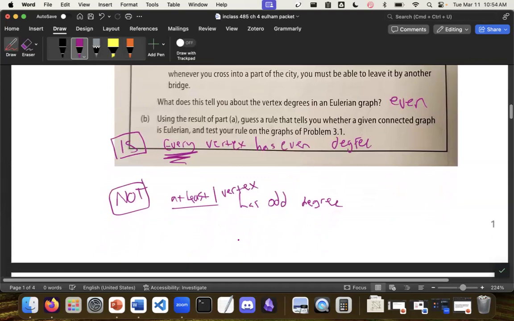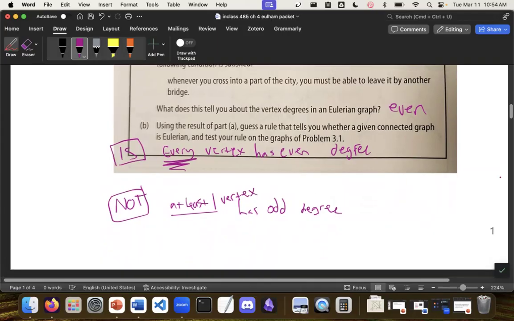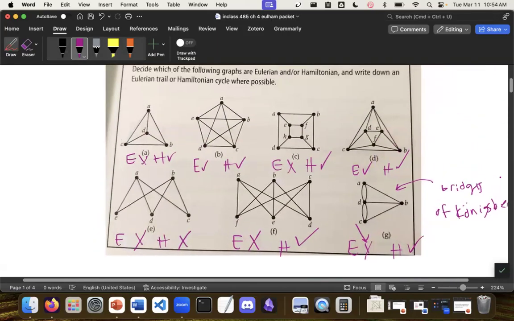Okay, so take a second and convince yourself that this property holds for these ones, for the Eulerian side of it, at least.